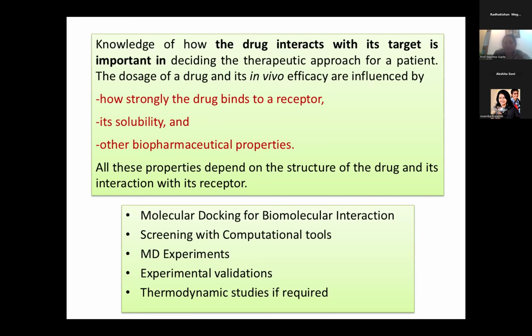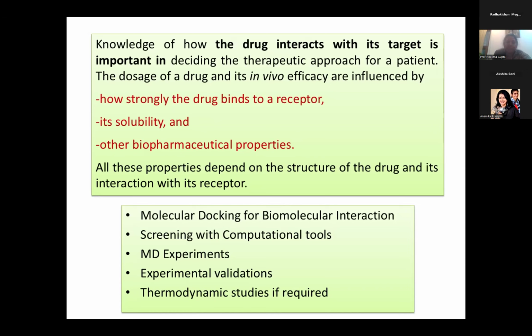Then some other biopharmaceutical properties have to be considered, and all these properties depend on the structure of the molecule and its interaction with the receptor. So the biomolecular interaction between the biomolecule, the protein, the identified target, and the drug candidate is very important to understand.